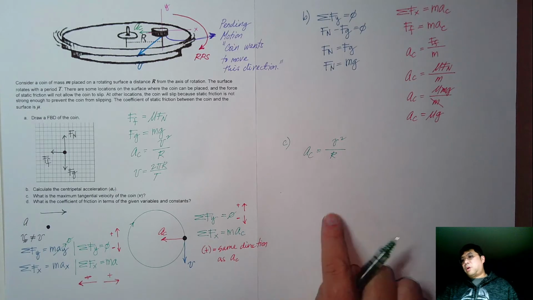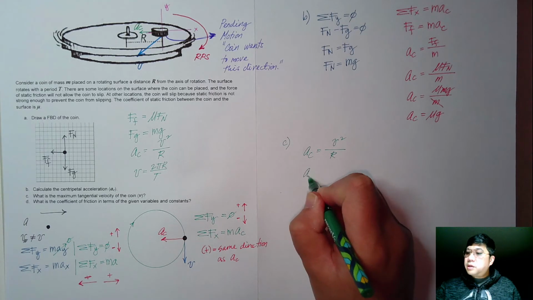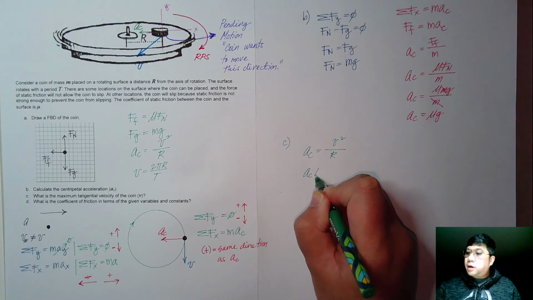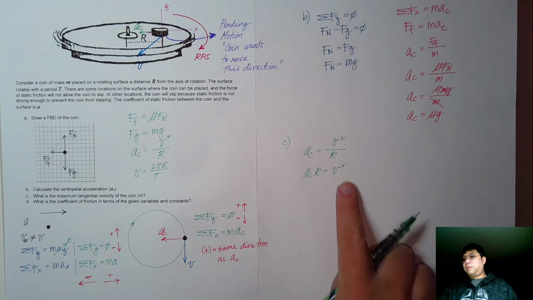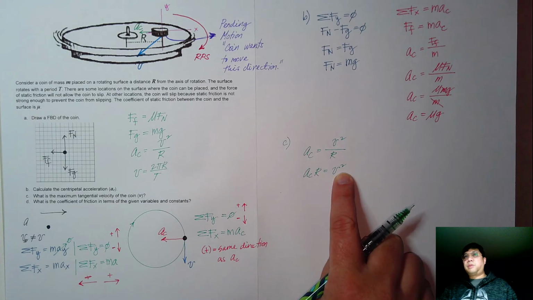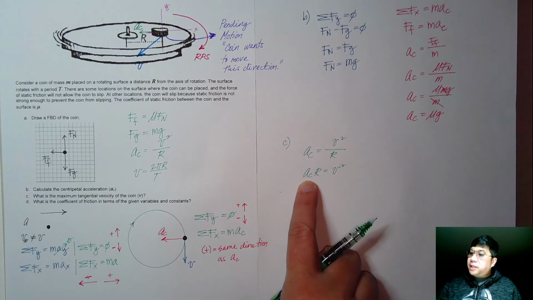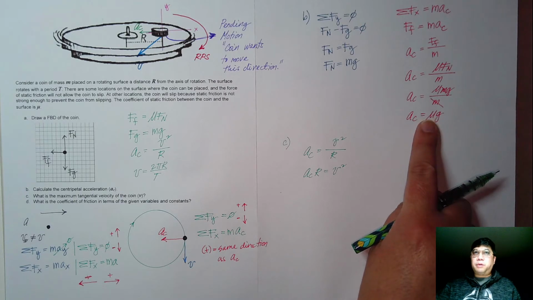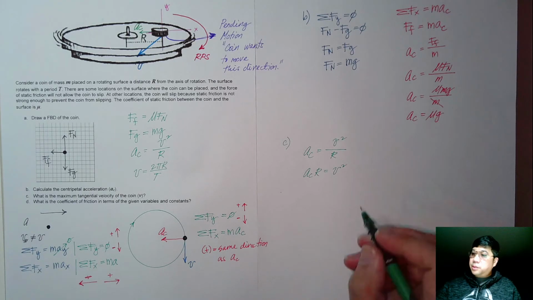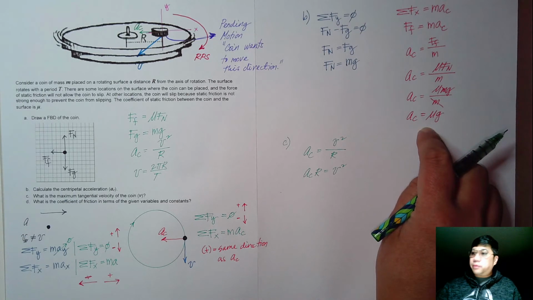Cross multiplying, so now we have a of c times r is equivalent to the square of velocity. Now, we know that a of c is simply equivalent to mu g. So we can just substitute the value of ac from the ac that we solved from letter B.